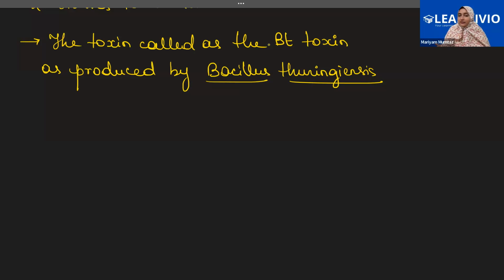So the Bt, the capital B, the small t comes from the genus and the species of this particular bacteria. Now all of you have studied the shapes of the bacteria, right? So what is the shape of this bacteria? Rod shape. Bacilli is a rod shaped structure. What are the other structures?